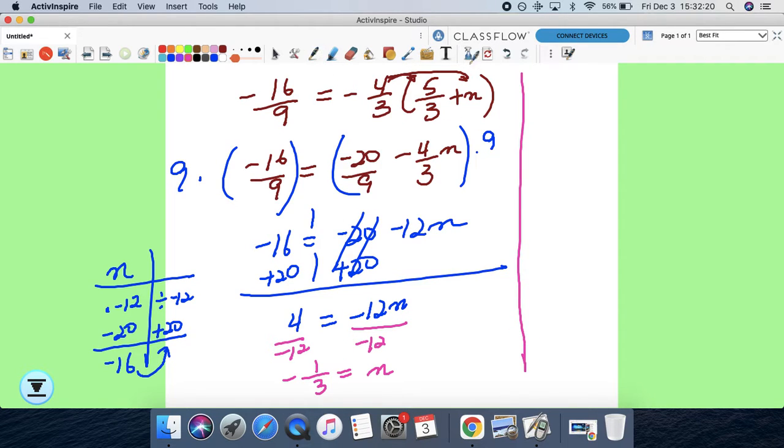Let's check. Negative 16 over 9 equals negative 4 over 3 times 5 over 3 plus, and I'm going to put that in parentheses in a fraction. This is where I substituted.